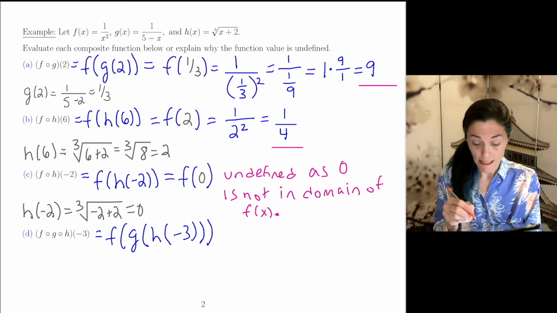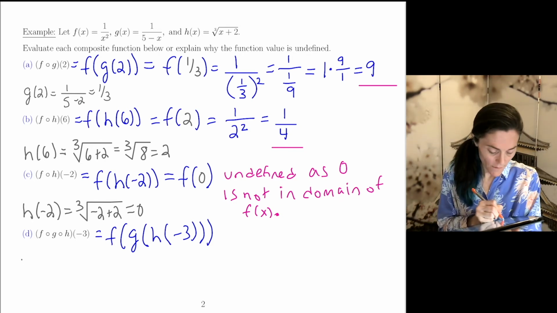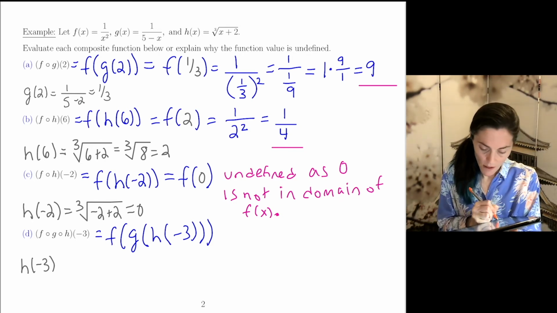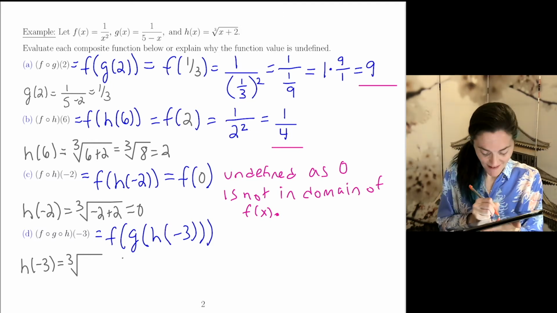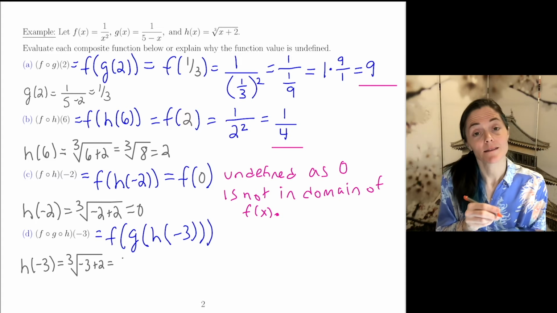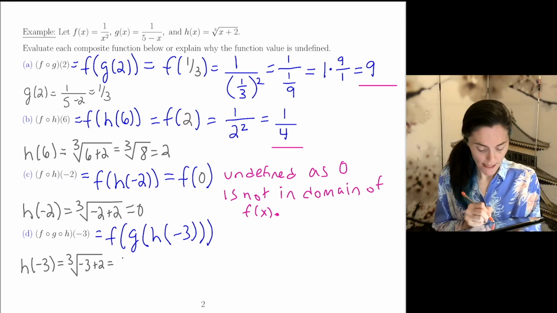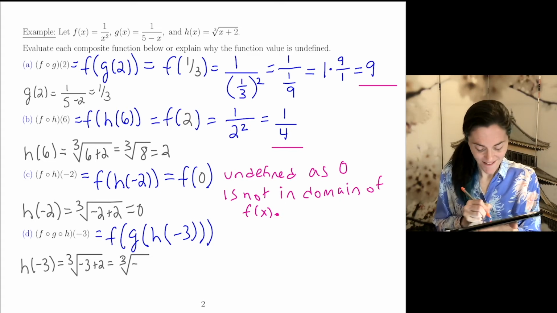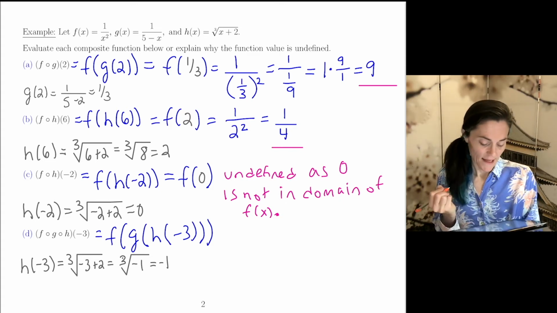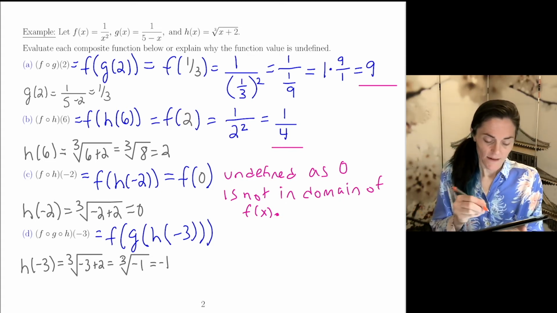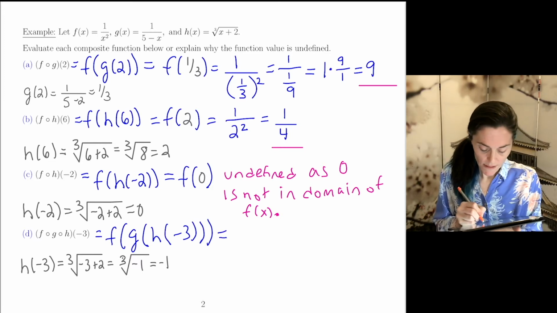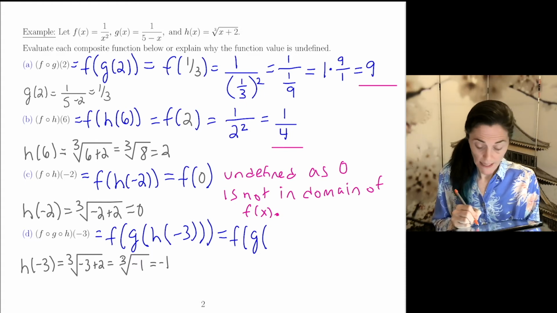So the first thing I need is h of minus 3. This is a cube root, minus 3 plus 2, which is the cube root of negative 1, which is defined. This is negative 1.